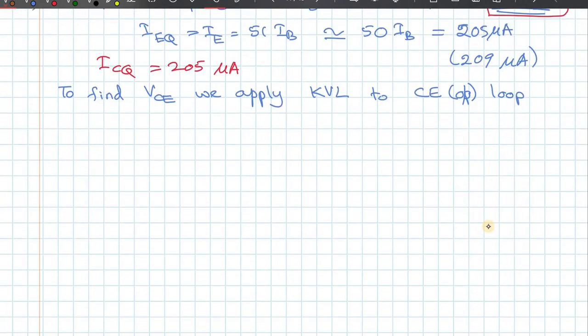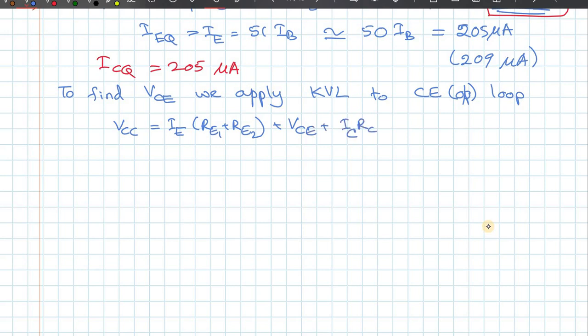So let me write it down. VCC is equal to IE times (RE1 plus RE2) plus VCE plus ICRC.